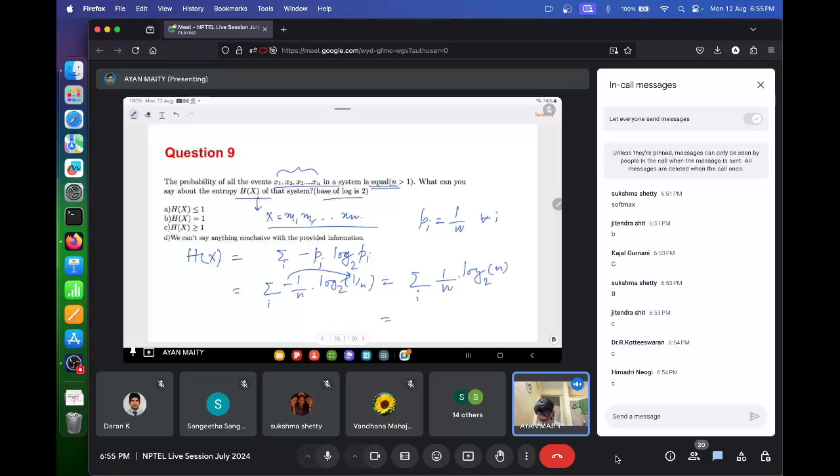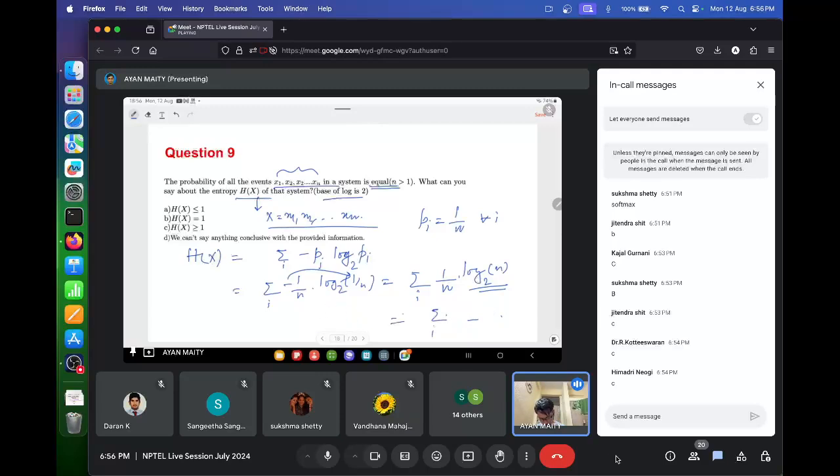So this is log n into 1, which is certainly greater than 1. Log n is a constant which we can take outside the sum. Wait, no, we can't do that.